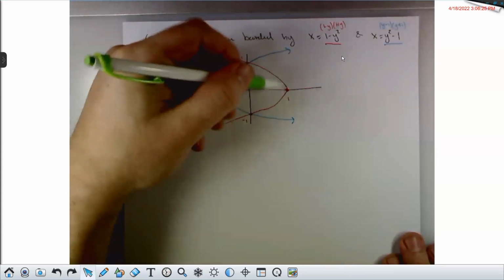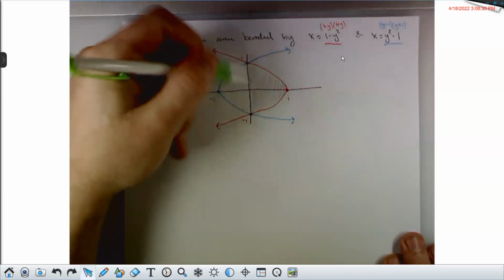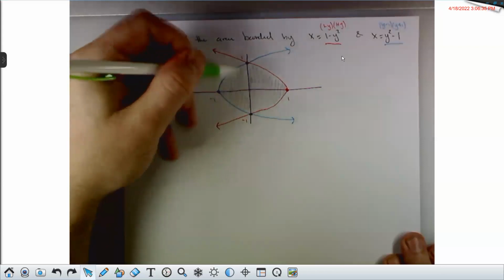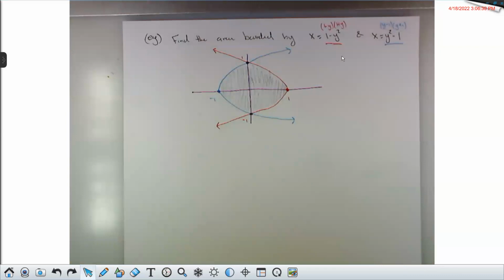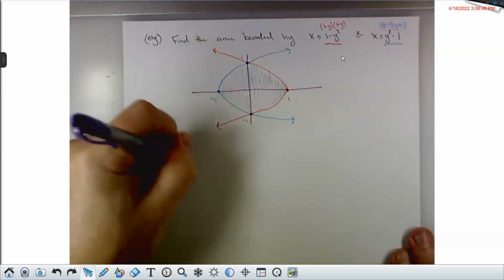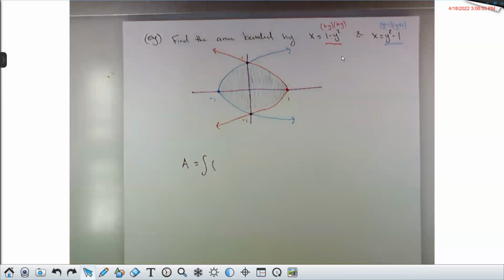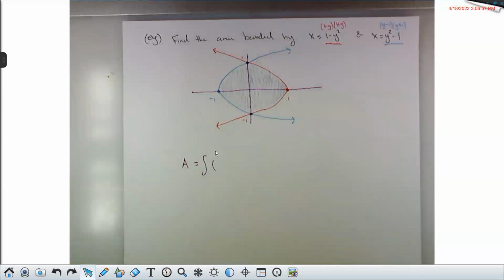So the area I'm after is this area. So I want you guys to help me out here. Let's start with the integrand, the function that goes inside here.